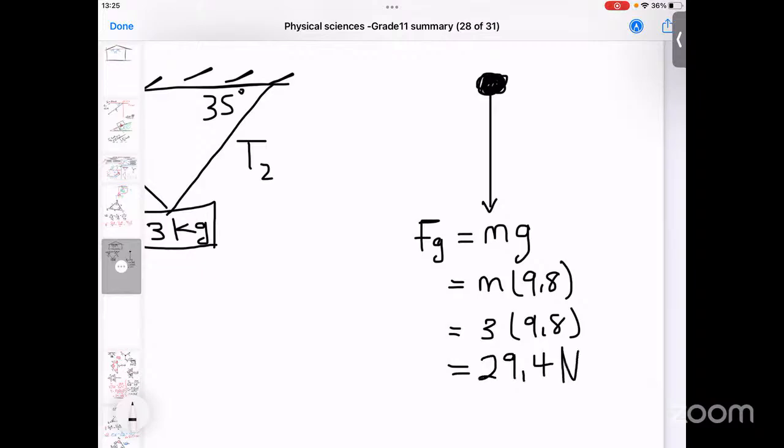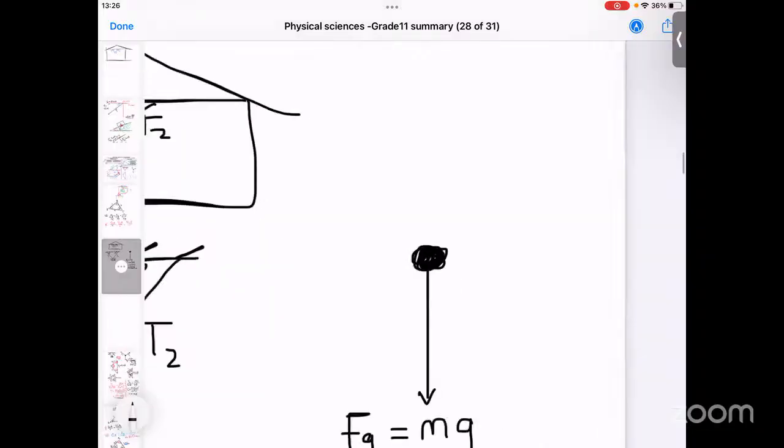That means it is the force as a result of that mass of 3 kg. So this 29.4 is the weight of that object. Okay, then it's fine. We've got this one for tension number 2. And remember, the angle that is formed there is the one that was measured to be 35 degrees.